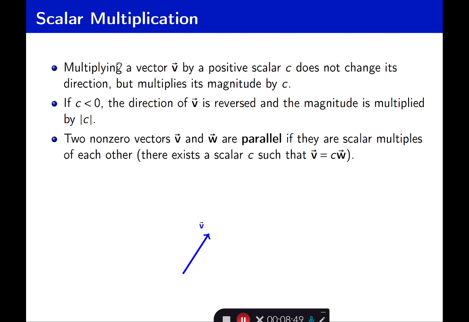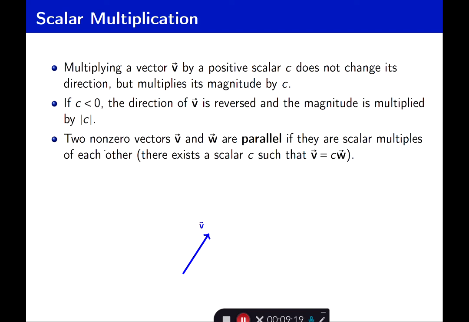Multiplying a vector v by a positive scalar c does not change its direction, but multiplies its magnitude by c. If c is less than 0, the direction is reversed and the magnitude is multiplied by the absolute value of c. Two non-zero vectors v and w are parallel if they are scalar multiples of each other.